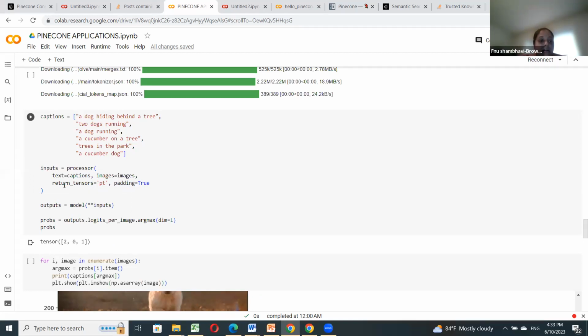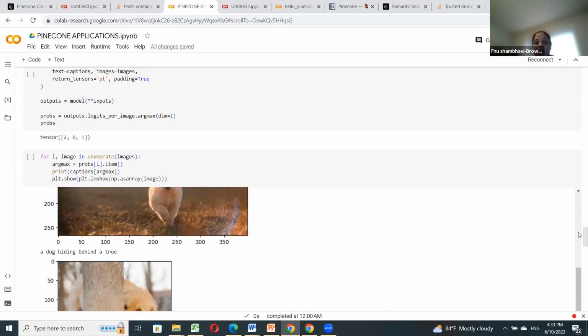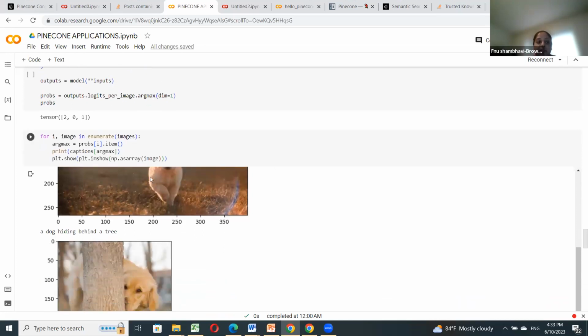We fed all our input into the processor, and after that, when we asked it to find the probability, the machine was able to find out that the first 3 are related to the image. And with argmax also we got the same answer.